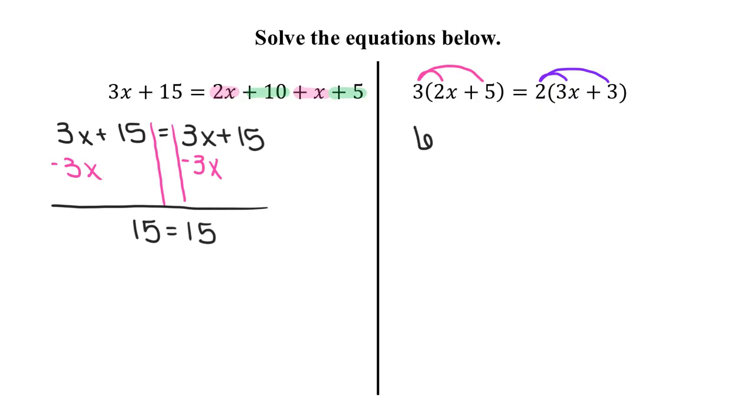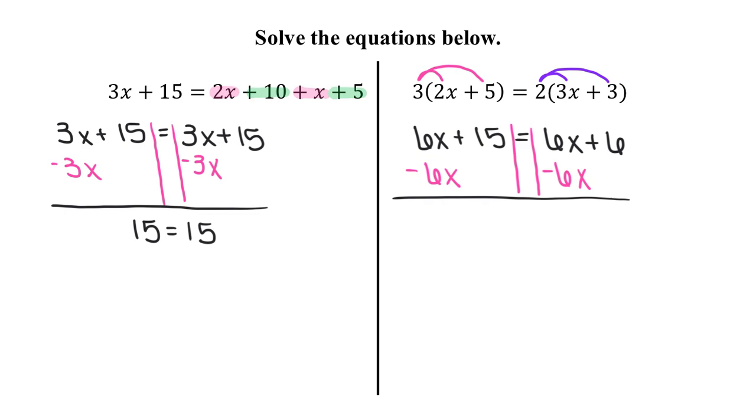Okay, so 6x plus 15 equals, on the right, 6x plus 6. Okay? And we get rid of the right side variable using its opposite. We do the same thing on the other side. What just canceled out again? Not the exponent, the variable. And we're left with 15 equals 6.